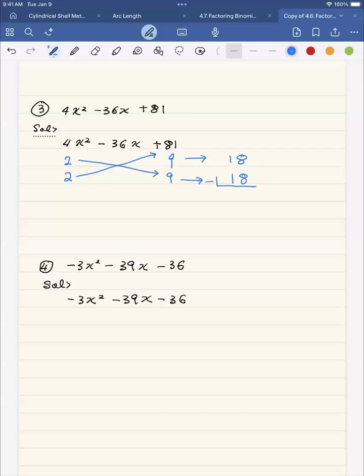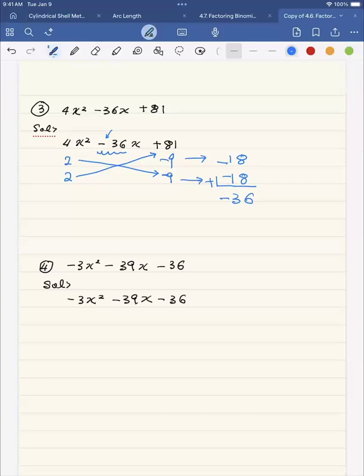And when we add them up, this time we have to make negative 36. The multiplication of the two numbers must be 81. Both may be negative, then negative times negative will make a positive number.